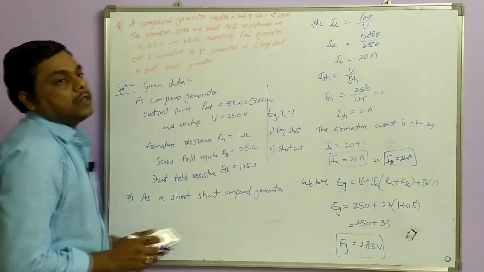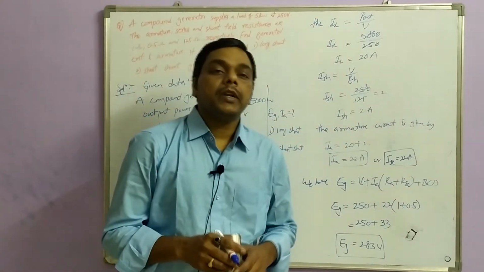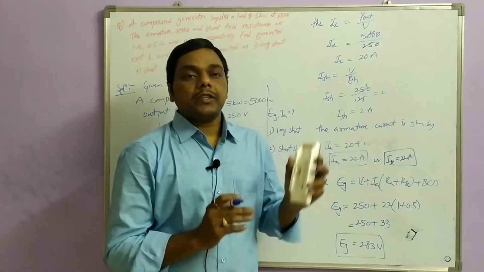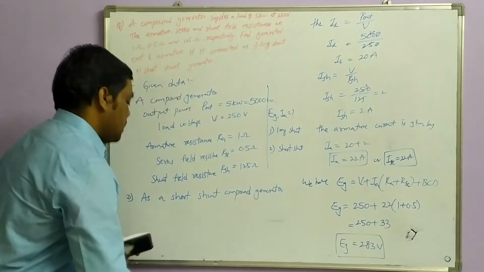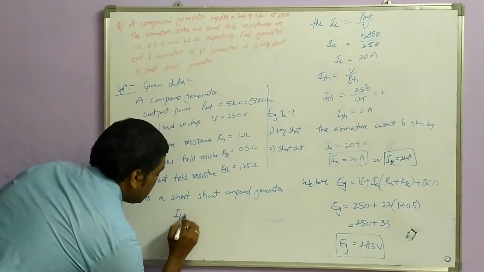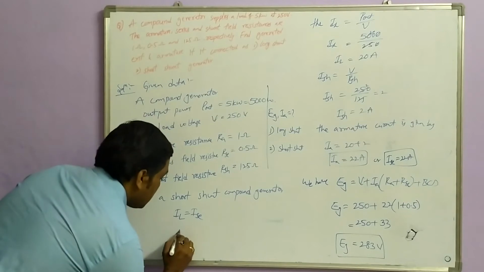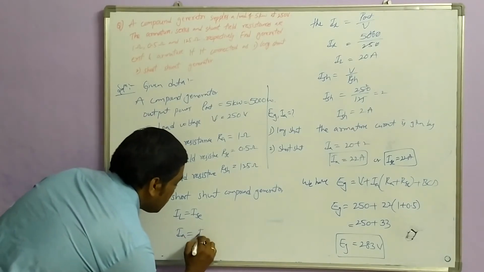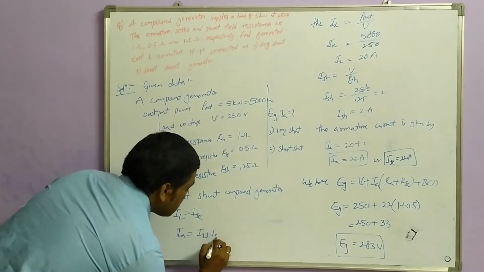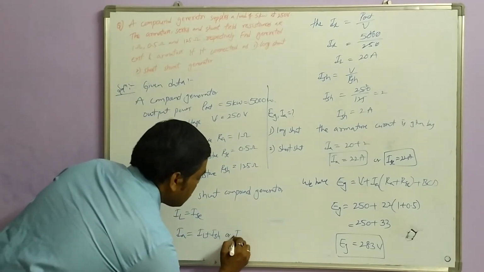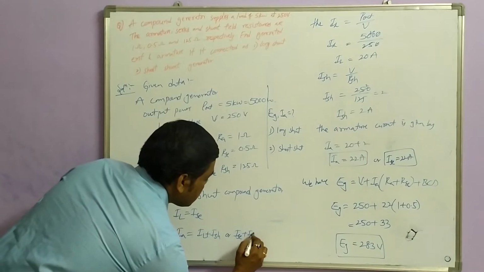Now what are the relations in a short shunt compound generator? If you imagine the short shunt compound generator connection diagram, we can observe here IL is equal to ISC and IA is equal to IL plus ISH, or we can also write ISC plus ISH.